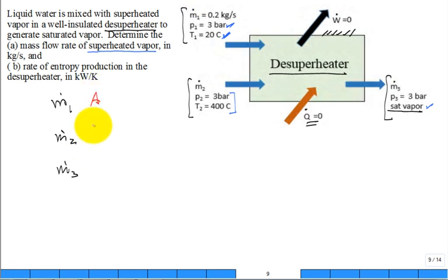And yes, you only have 30 seconds to answer this question. Choice A, B, or C. For part A, they say mass flow rate of superheated vapor. Are they asking me to calculate m dot 1, m dot 2, or m dot 3?